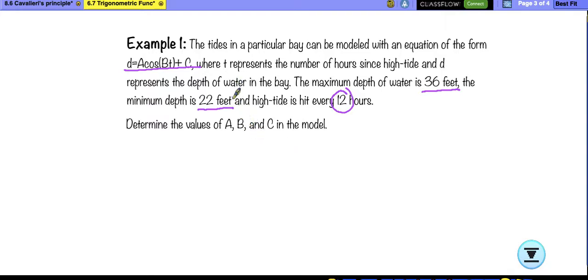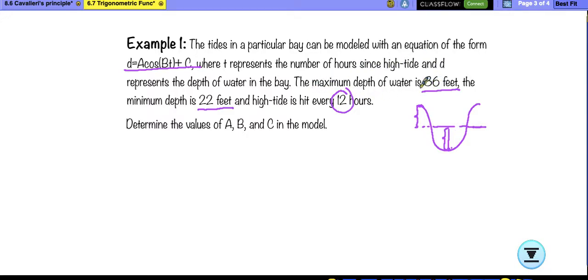As we know, the A at the start is the amplitude. Since it's a cosine wave, let's use a cosine wave to understand this. The amplitude is the distance from the highest point to the midline, or from the midline to the lowest point.